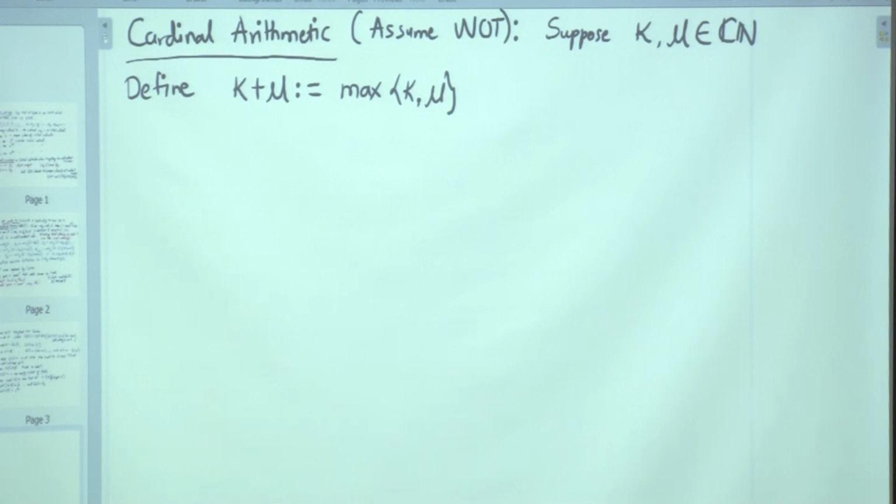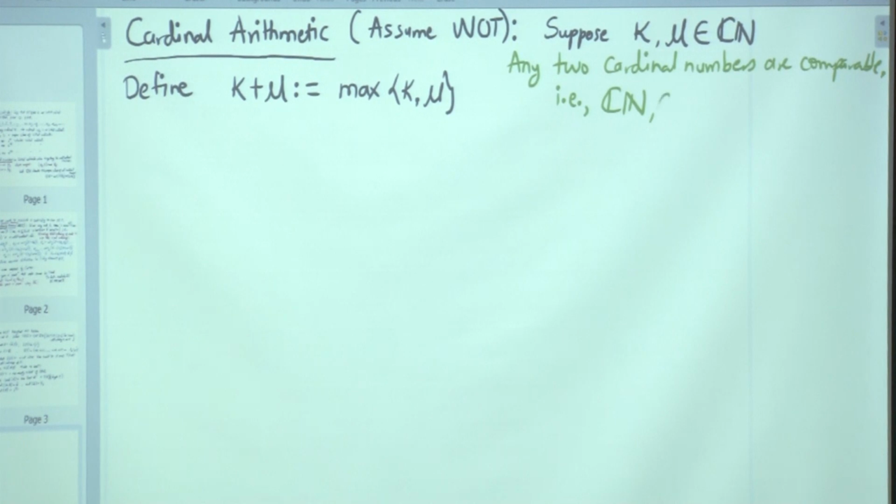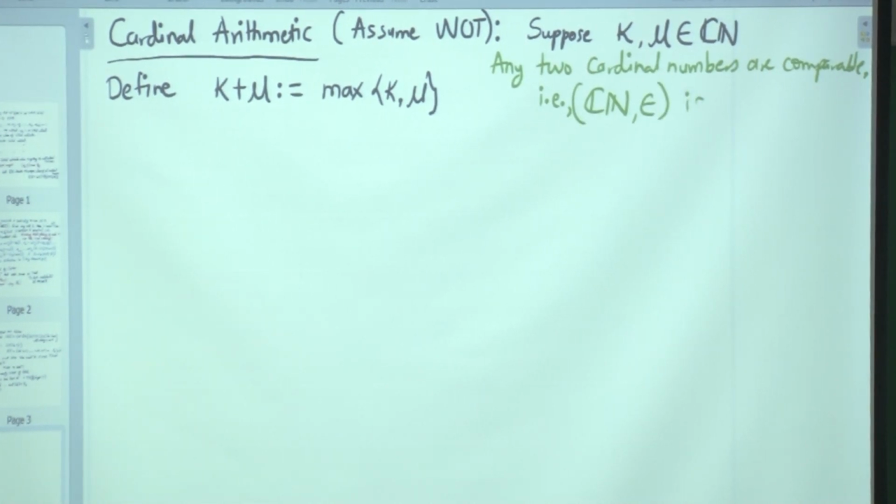Any two cardinal numbers are comparable, i.e. the class of cardinals, with respect to the belonging relationship, satisfies trichotomy.